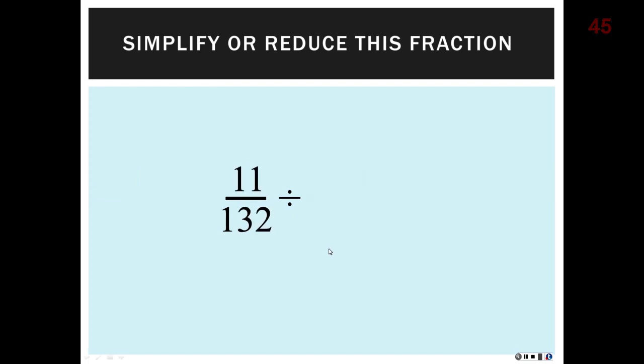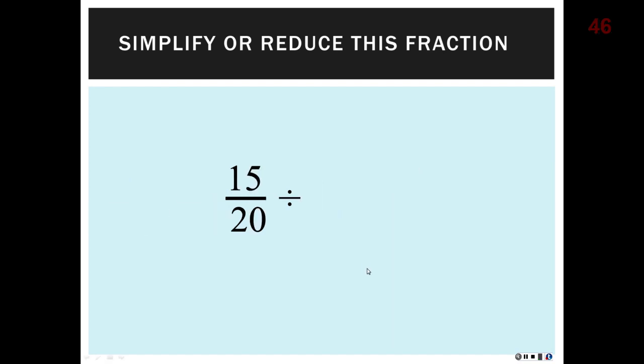What can I reduce this one by? 11. What's my new equivalent fraction? 1 over 12. What do I reduce this one by? 5. And I get what? 3 over 4. Okay.